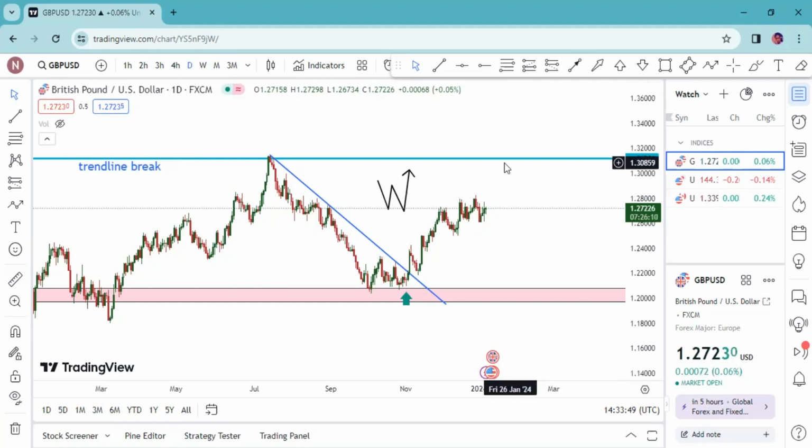Trend line break. Now, first confluence, if you can see, this trend is broken. Now my first is accomplished.